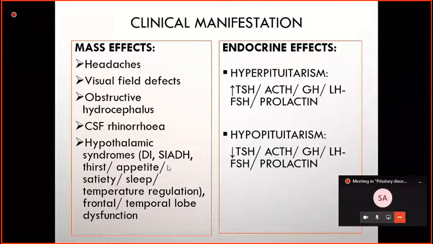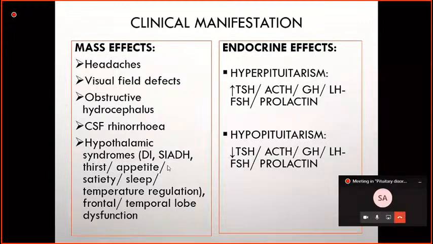For example, you have a tumor of cells that produce prolactin. What are the cells that produce prolactin? Lactotrophs. So you have a tumor of the lactotroph cells, which is a functional tumor that secretes prolactin, so you can have symptoms of hyperprolactinemia.